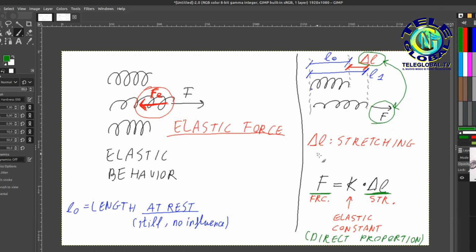So if you apply a certain force and get a certain stretching, if you apply double the force, you will get double the stretching. Note, I am still talking about stretching, not about your total length.